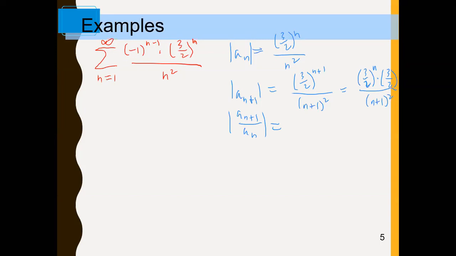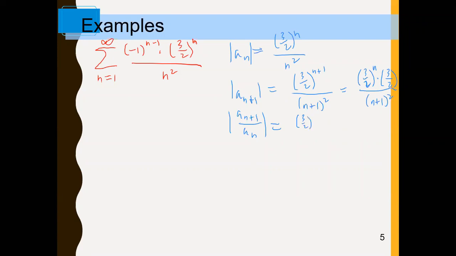Once you do the division, I had (3/2)^(n+1) over (n+1) squared, and then that whole thing was over (3/2)^n over n squared.